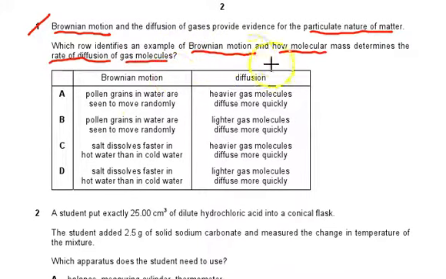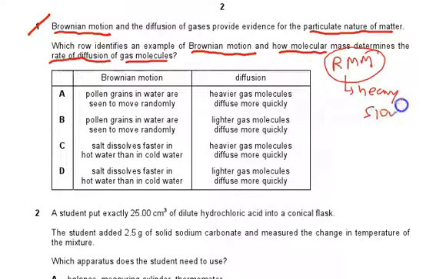Okay, for your understanding here, the heavier the RMM or RAM, the slower the rate of diffusion. So let us look at one by one here.